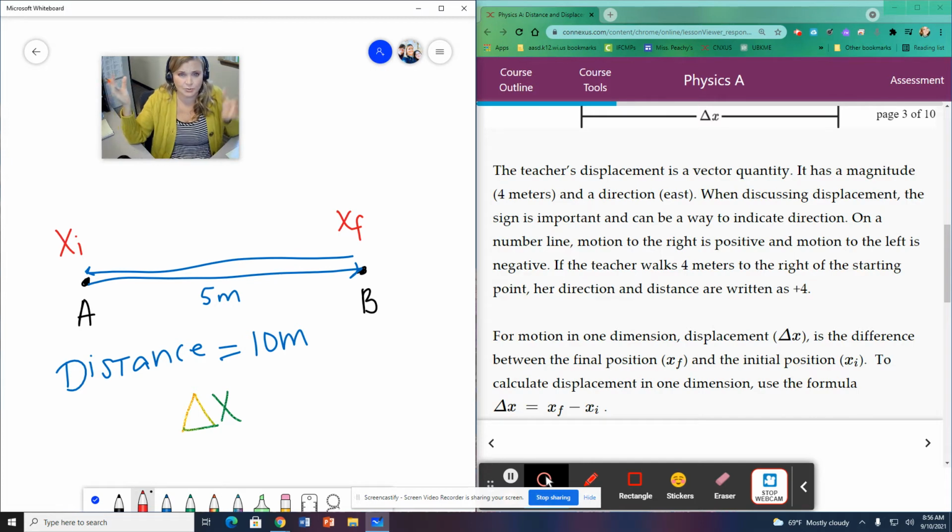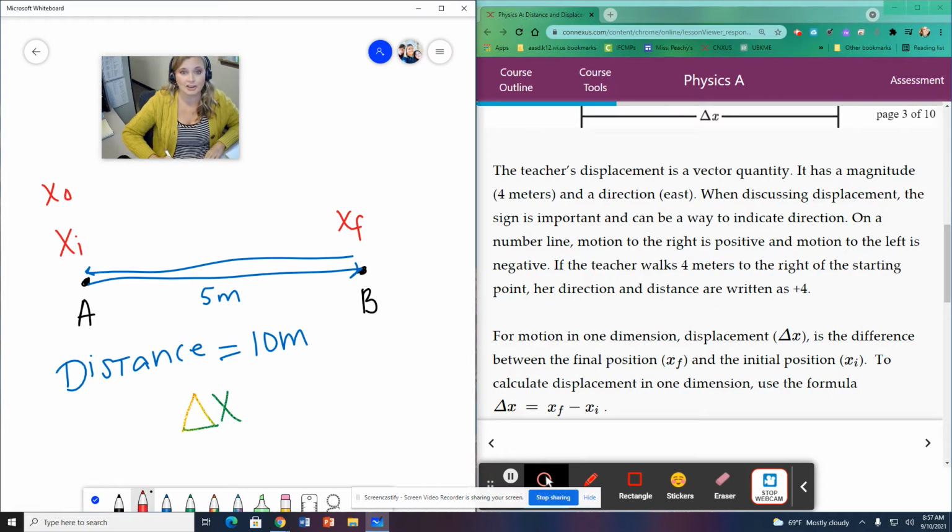Some sources and textbooks, instead of using i and f, will use 1 and 2, so initial being 1, final being 2. I actually like i and f best. That's my favorite way of looking at it. You'll also see this for future reference.